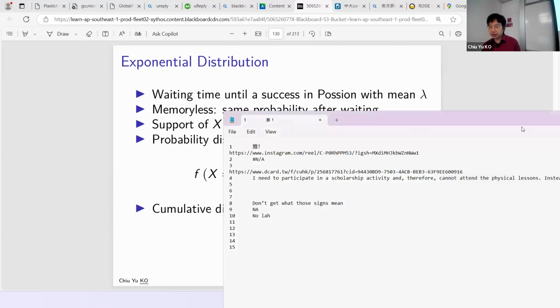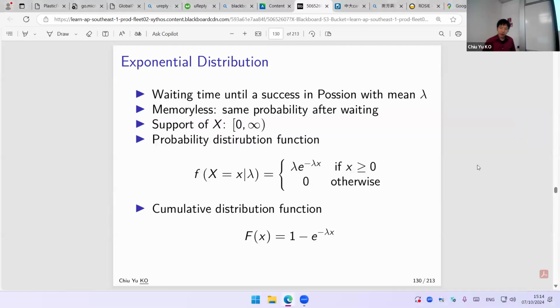So last, I guess it's almost time, but what I want to say is, remember the Poisson? Poisson asks, in a period of time, how many people come.